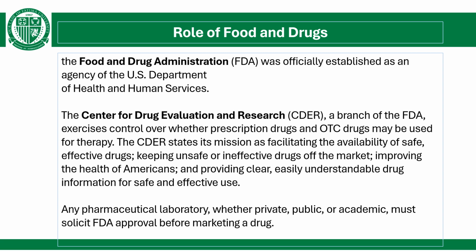In the US, they have this one established from the Department of Health and Human Services. A branch of the FDA will have the Center for Drug Evaluation and Research, wherein there should be control if a medication is for either prescription or for OTC.